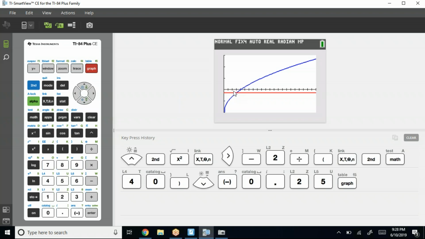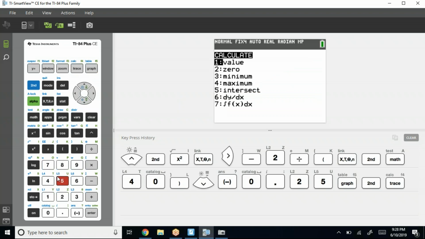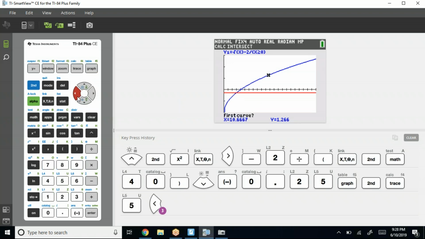And we're going to find that intersection point, which is second trace, because I'm going to find the intersect. And then we're going to move it down here just to get it close. With just 2 things being on there, we'll be okay. And then enter, 3.0625. So 3.06.